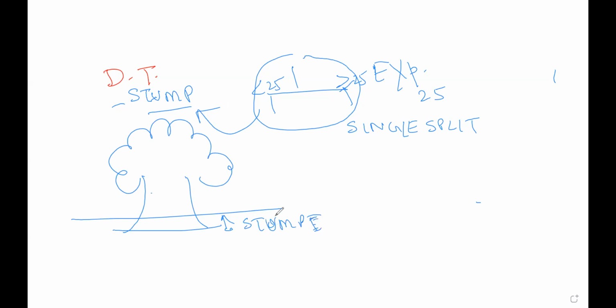From here we have borrowed the word stump. So this is how we have used the word decision tree stump. This part which I am shading, I cut the tree here, and this is my decision tree stump. So far so good. I'll move on, right? Any questions?